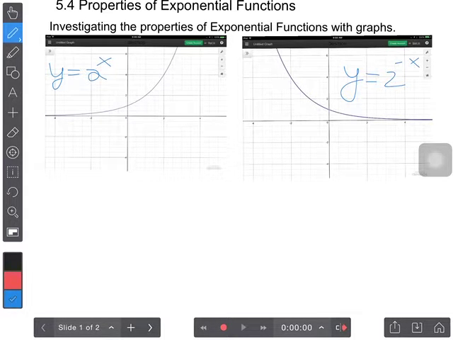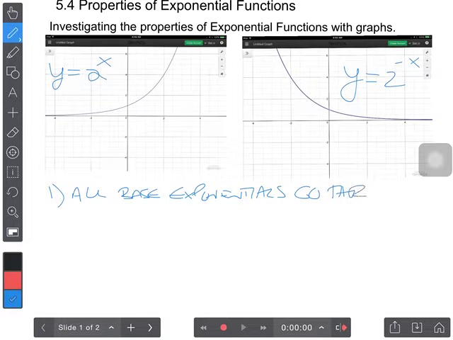So the first property is that all base exponentials go through the point (0, 1). So they all have the same y-intercept, and that's (0, 1).